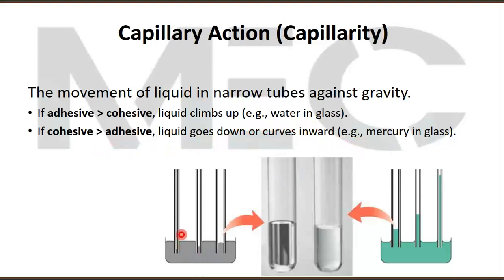Here, if you have a vessel of mercury and put a capillary glass tube inside the mercury, you will see that the level of mercury goes down, and in water it's vice versa. The surface of water is concave up, and the surface of mercury is convex.